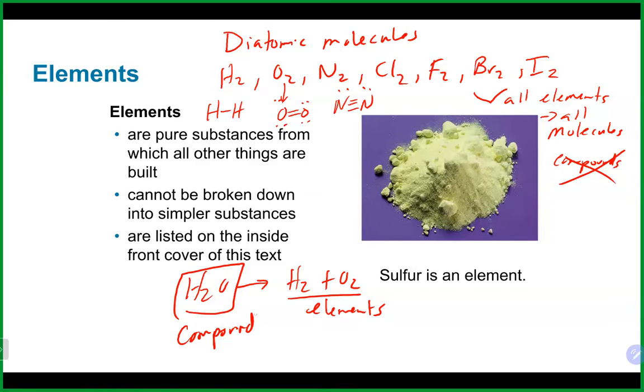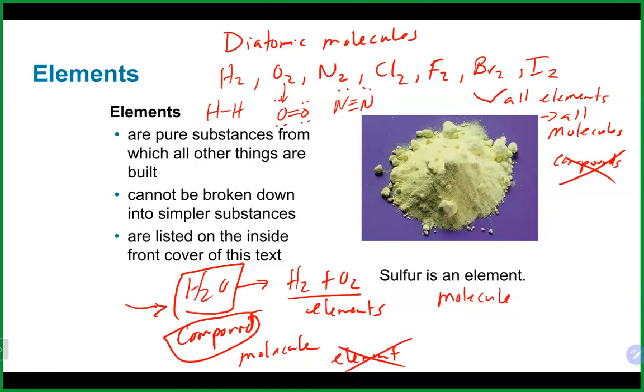Water, on the other hand, is a compound. It is also a molecule. It is not an element. So water is both a compound and a molecule. We might have talked about it earlier, and we might see it again here, but there is a difference between a molecule and a compound, which oftentimes confuses people.